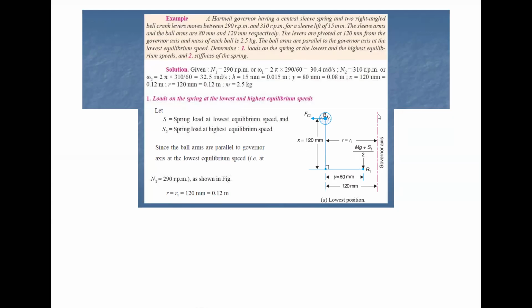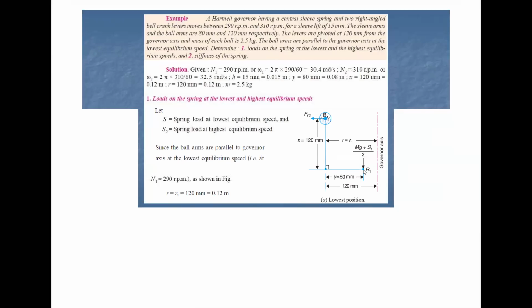There is also some offset: our bell crank lever has some gap from the governor axis to one end of the bell crank lever, at this place.